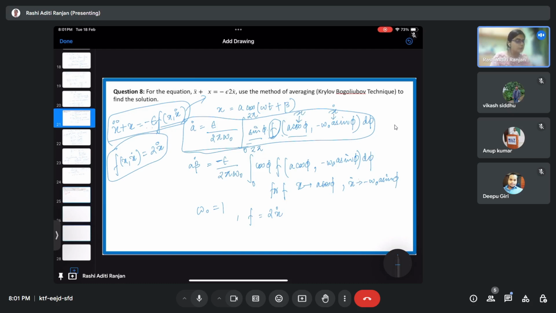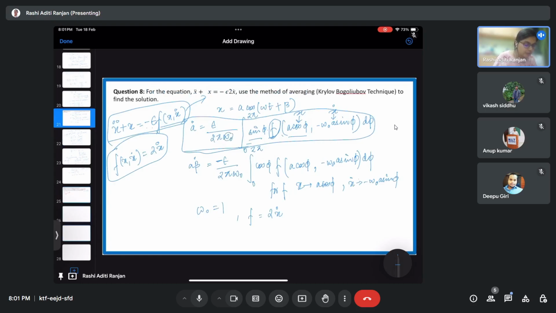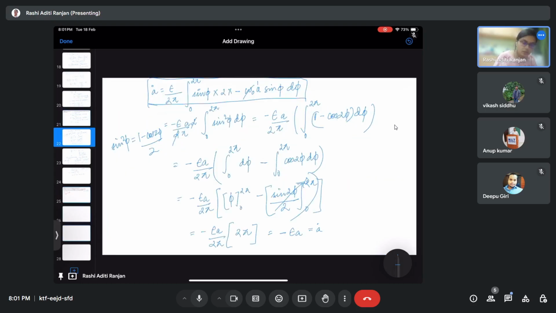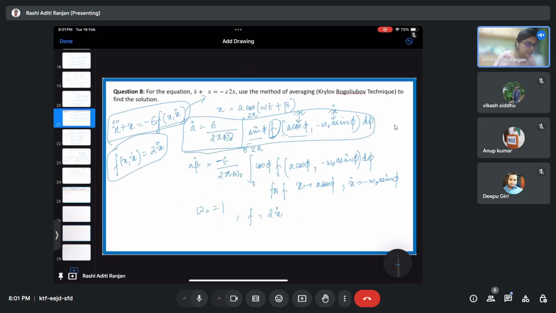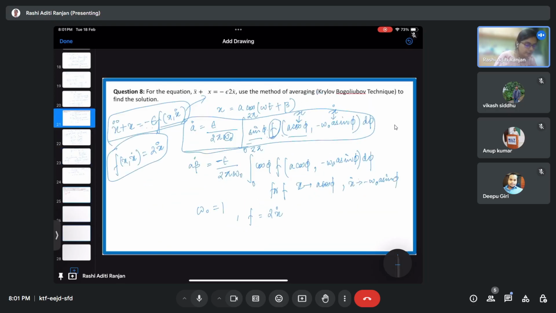So what I have done is the equation is the same. Firstly, omega naught is 1. So I have written epsilon by 2 pi, omega naught 1. Then I have done the integration 0 to 2 pi. Everything is same. Sine phi, sine phi. Then I had to write f, provided I have to replace x by a cos phi and x dot as minus omega naught a sine phi.